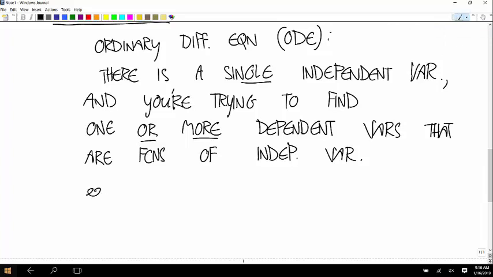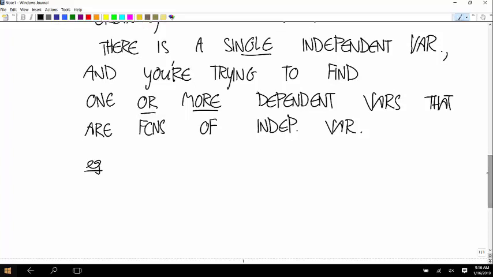Okay, let me give a couple of examples. y double prime plus 10y prime plus y prime y squared is equal to 50y. That doesn't look terribly complicated, but that would be a brutally hard differential equation to solve. And actually, let me change this to 50x.